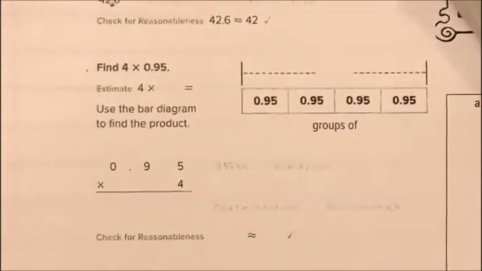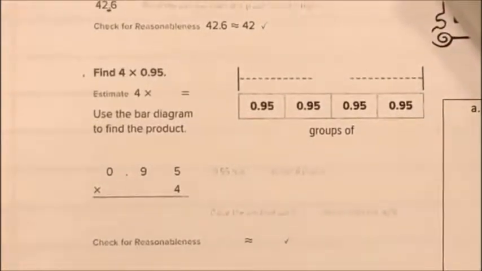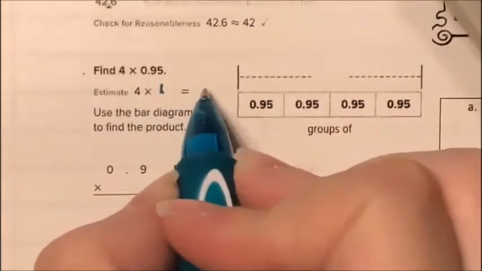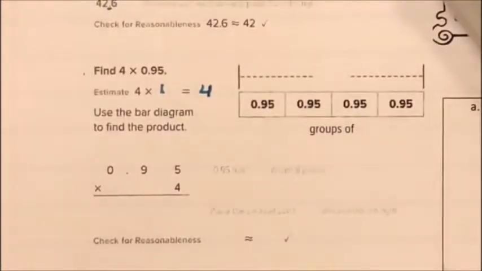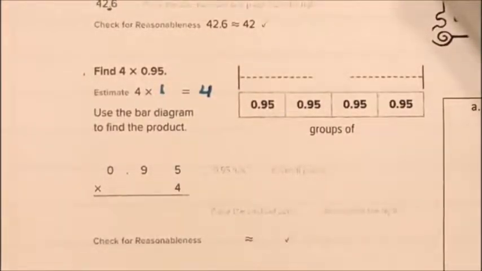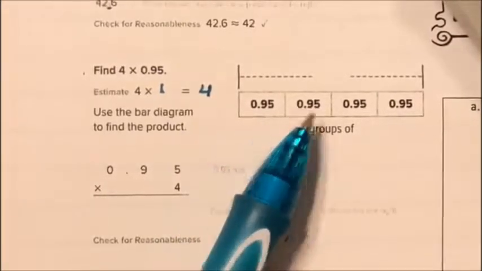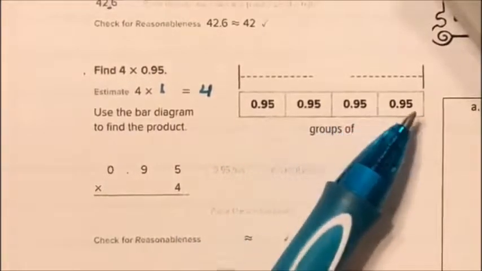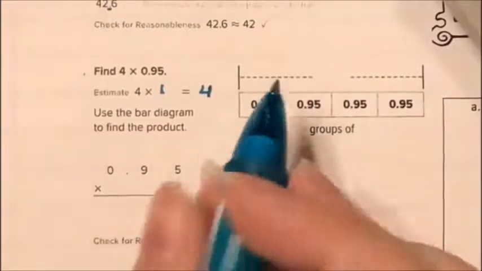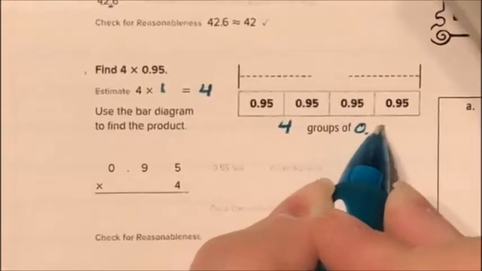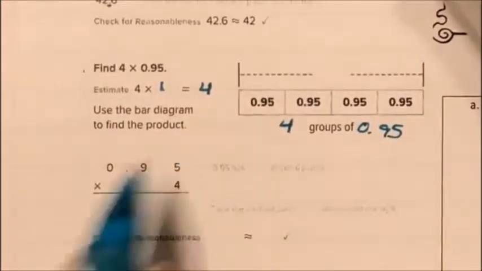The next one they give me is find 4 times 0.95. I can estimate: 0.95 is approximately 1, so I should get around 4. Use the bar diagram to find the product. I have 0.95, 0.95, 0.95, 0.95. There are 4 groups of 0.95 because that's what it told me.